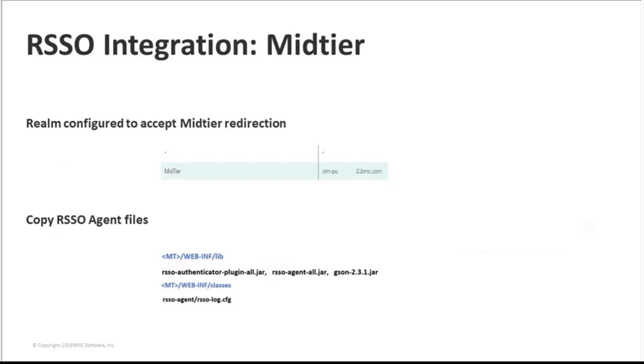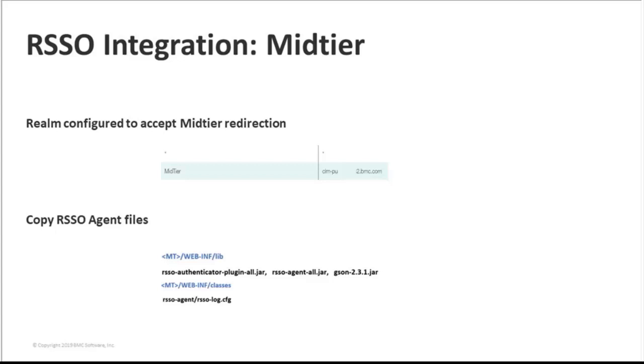But sometimes we've seen that if Midtier's Tomcat was not stopped in a timely manner, then possibly the RSSO installer will end the installation without updating the files, which is when you will have to follow the manual way of integrating the applications, and that's going to solve the problem of the RSSO integration.